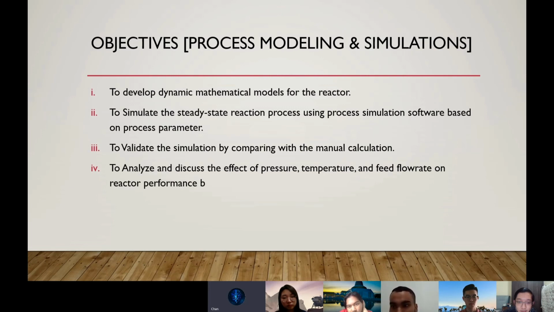The first one is to develop a dynamic mathematical model for the reactor. Secondly, to simulate the steady-state reaction process using process simulation software. Thirdly, to validate the simulation by comparing with the manual calculation. Finally, to analyze and discuss the effect of the pressure, temperature, and the feed flow rate on the reactor performance.